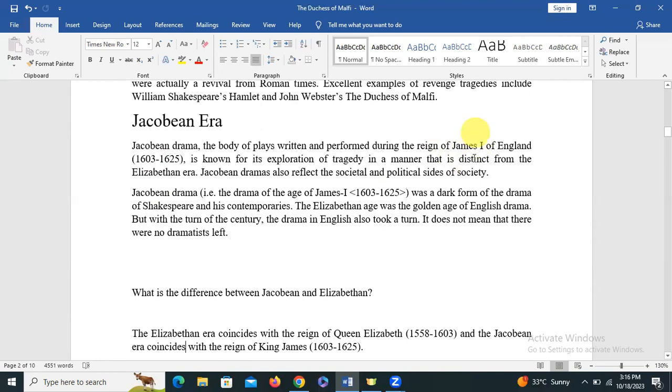He was the king who ruled England at that time, and the literature written in his period, from 1603 to 1625, is known as the Jacobean era. It is known for its exploration of tragedy in a manner that is distinct from the Elizabethan era. Jacobean dramas also reflect the societal and political sides of society.